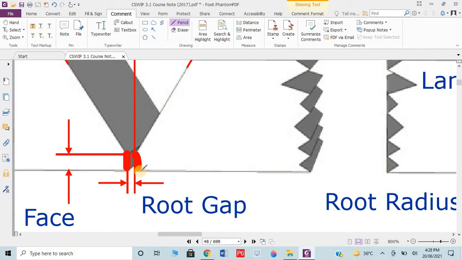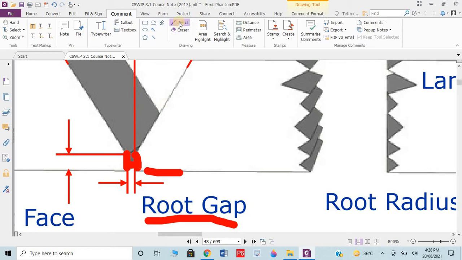The bottom where the plate is starting is known as root, and the gap between this is known as root gap, right? Root is the basis of anything, that's why where the plate is starting it's known as root. So the gap between two plates A and B is called root gap.